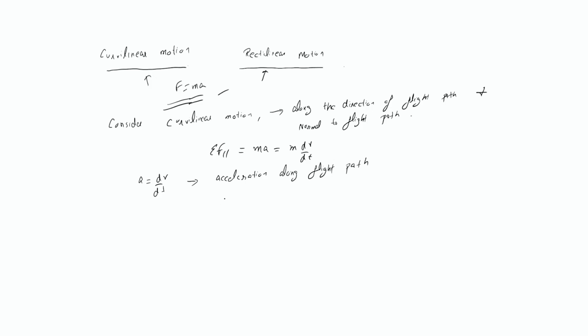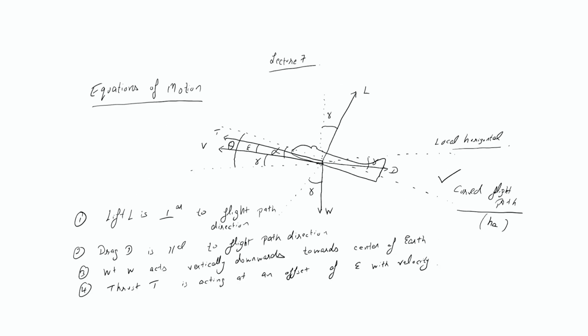Now what are the forces acting parallel to the flight path? Let us go to the figure again and resolve the components. First we look at the forces acting parallel to the velocity. Let us first focus on thrust. The thrust has an offset of epsilon.